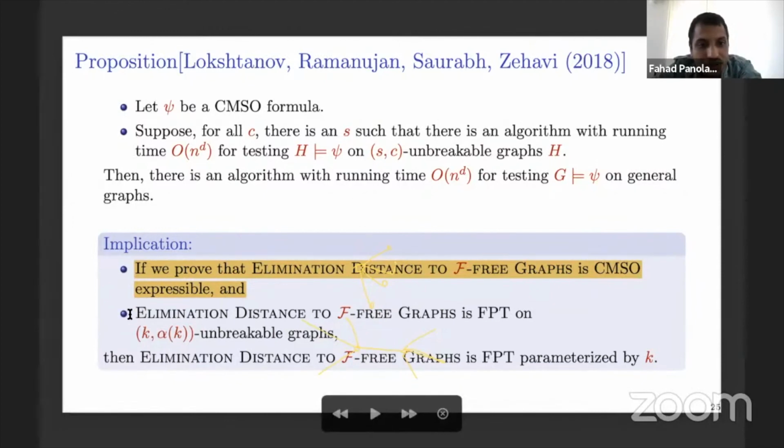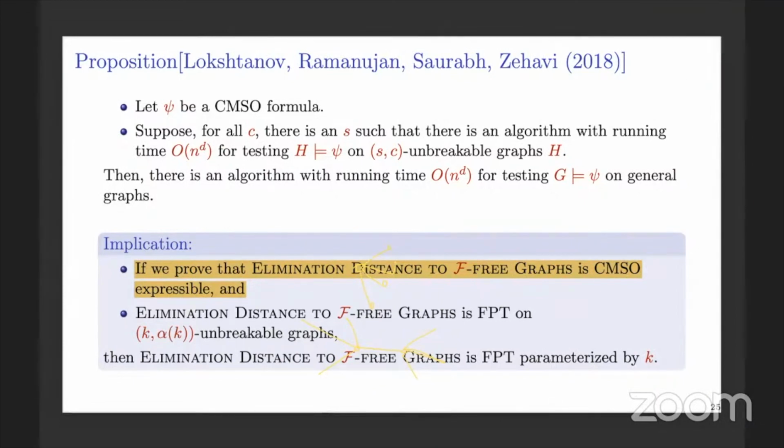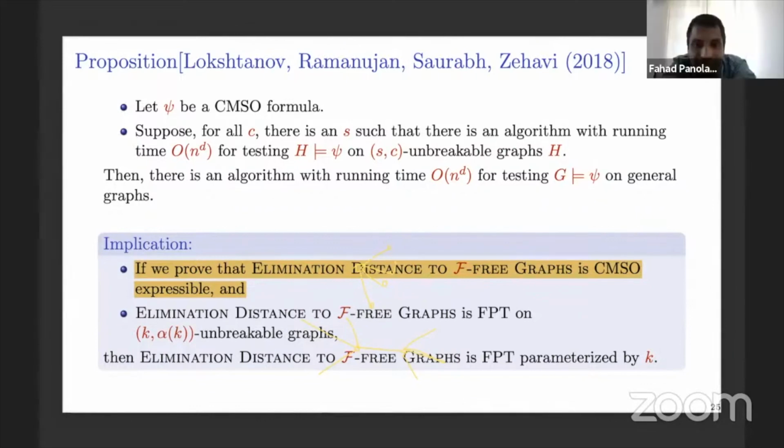For the second bullet point, that is uniform, but the non-uniformity comes from the fact that for every k, the formula phi is different. And not for the second one. The second one is a branching algorithm.